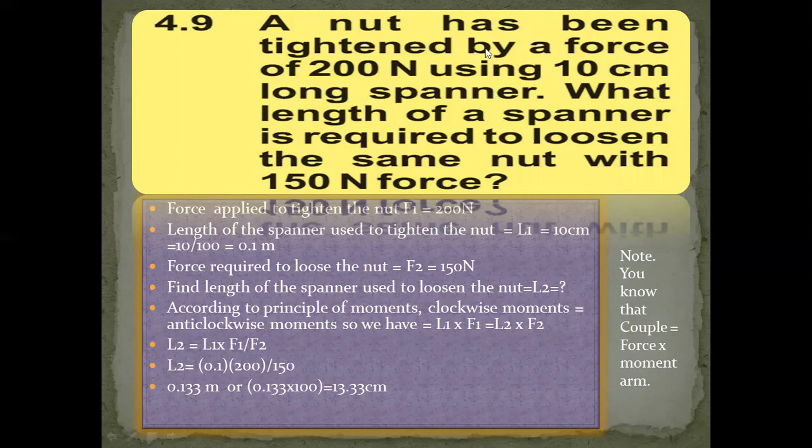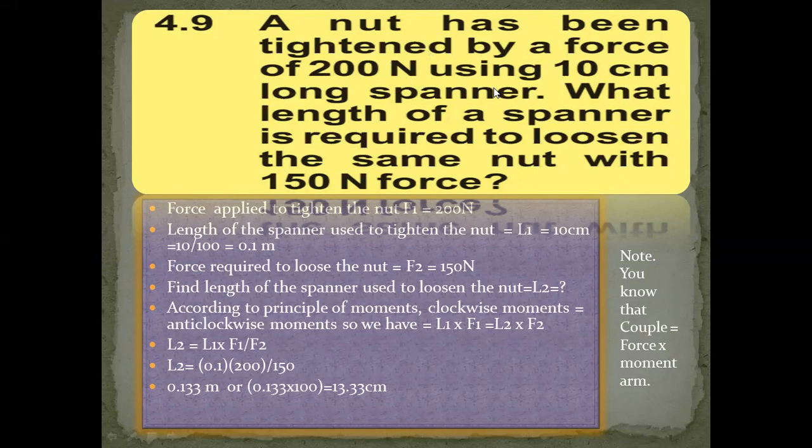It means the force is given and the moment arm is given. This is related to the principle of moments, where the anti-clockwise moment is equal to the clockwise moment. We have discussed the example of a seesaw in the second condition of equilibrium. It is so interesting and so important that it has a chance of coming in your exams.